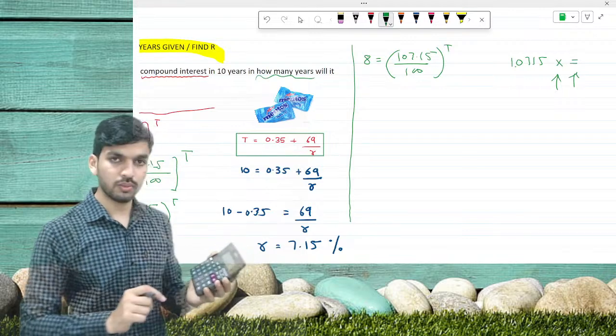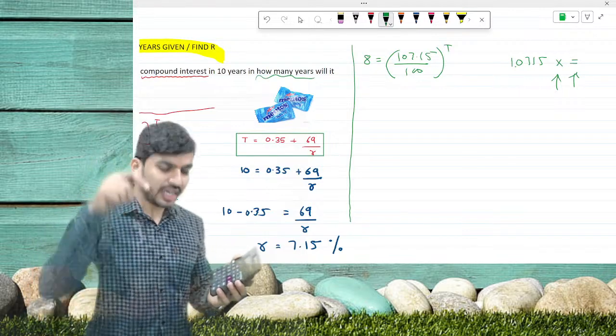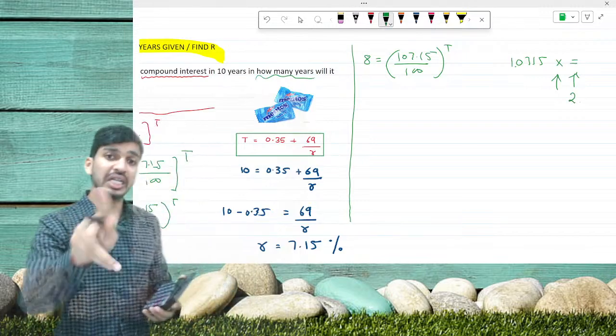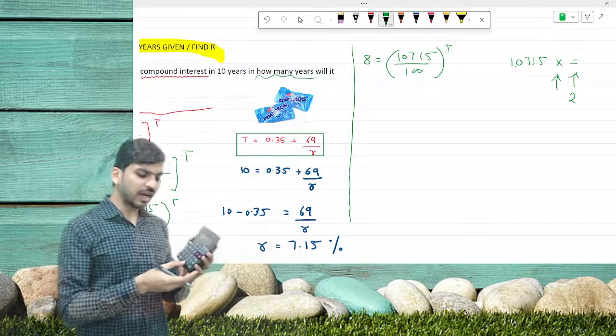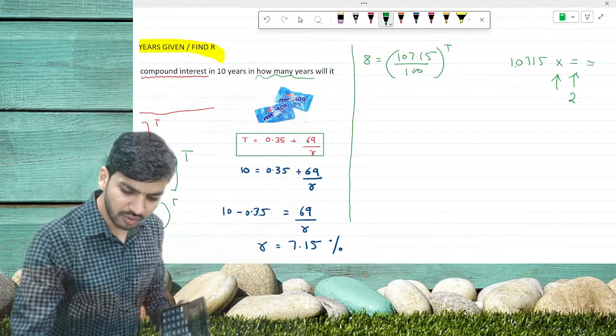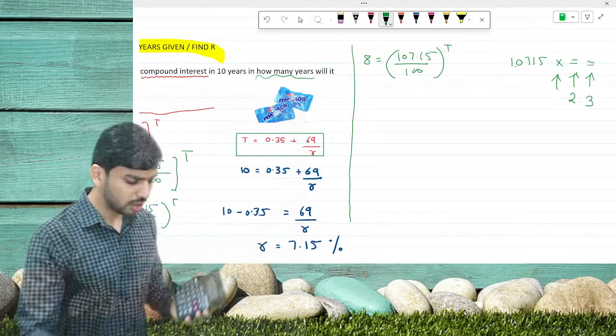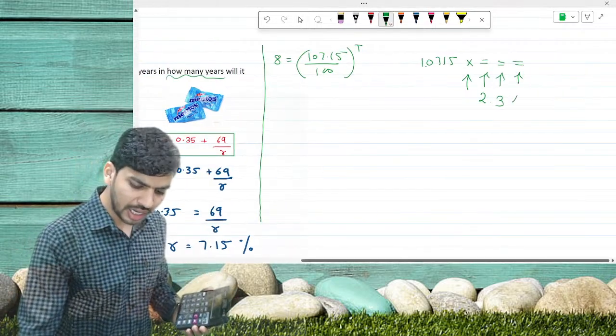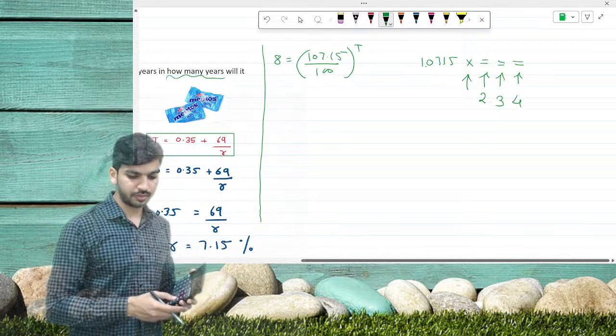After pressing equal to, you have to count 2. After that again press equal to and count 3. Again press equal to and count 4.